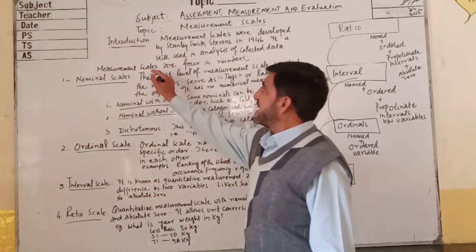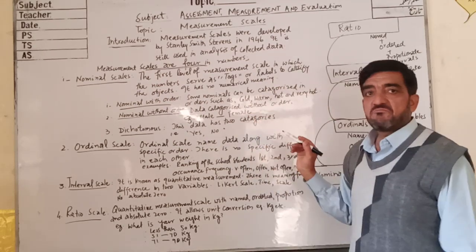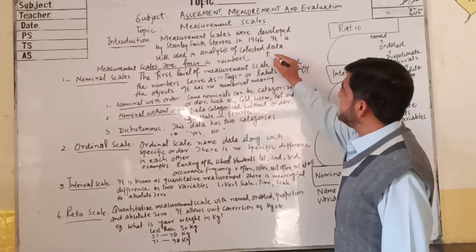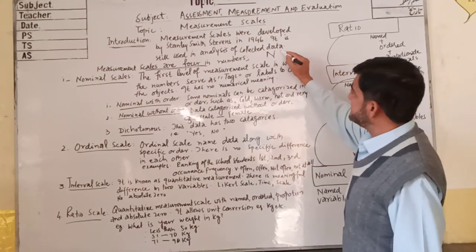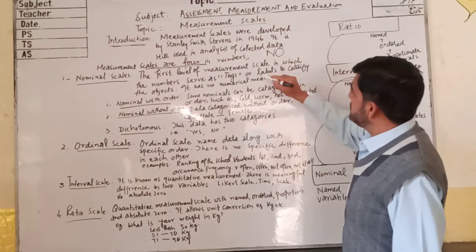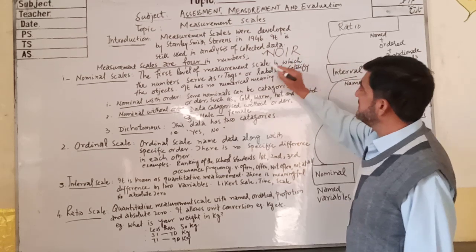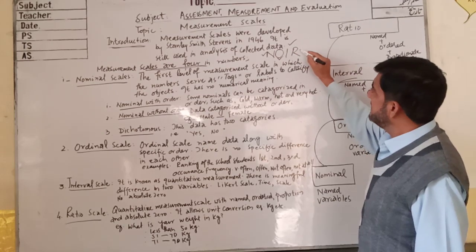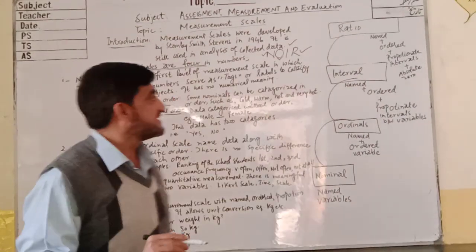Measurement scales are 4 in number and there is an abbreviation called NOIR. NOIR means nominal, ordinal, interval and ratio scales. These are the 4 scales.